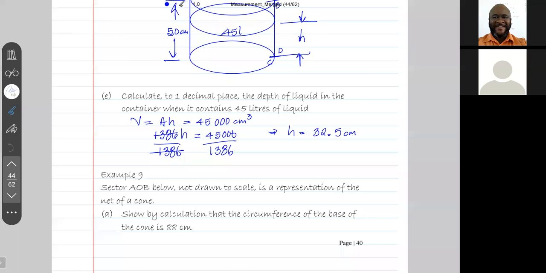So example 9 says, sector A or B below, not drawn to scale, is a representation of the net of a cone. Show by calculation that the circumference of the base of the cone is 88 centimeters. All right.